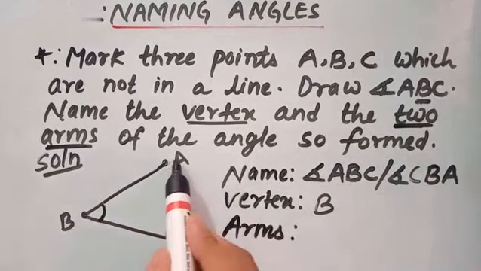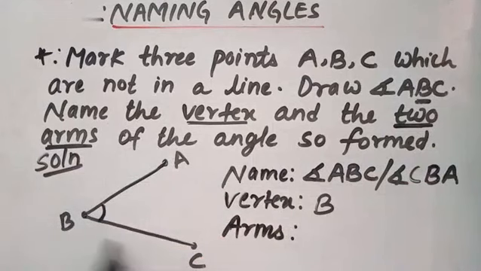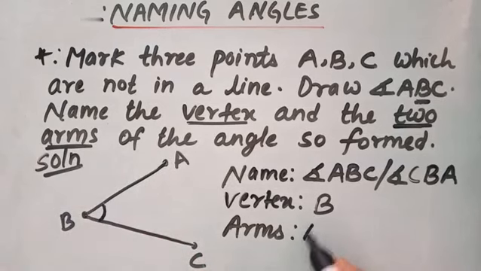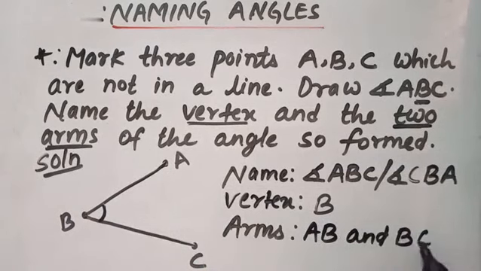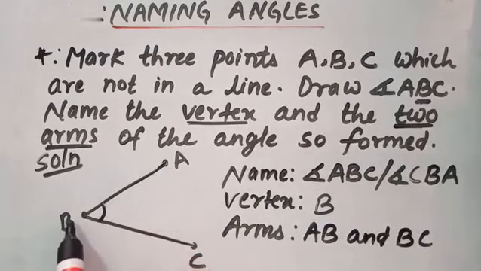Two arms is your AB and BC or CB. AB and BC is your two arms. AB 1, BC 2.